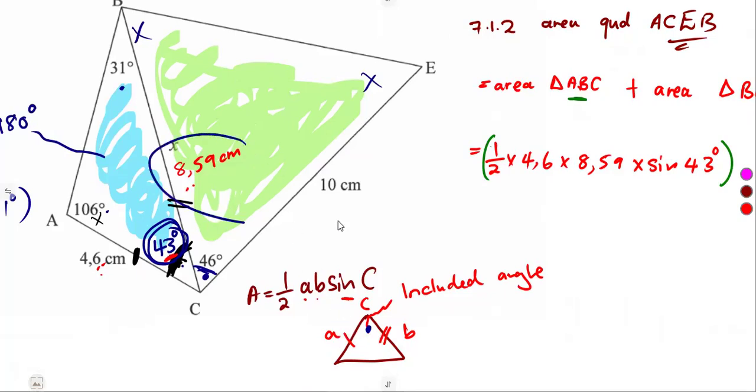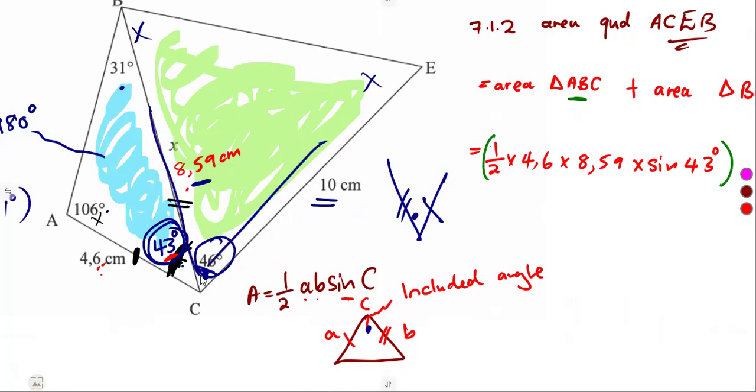They are there, these two sides. So the 46 degrees is an included angle. We are going to work with this side and this side, which are creating the angle, with the angle in between. That is the case of the area rule. It must be in that case.